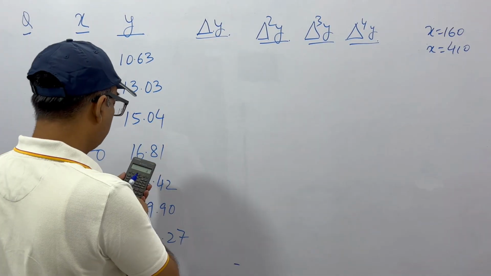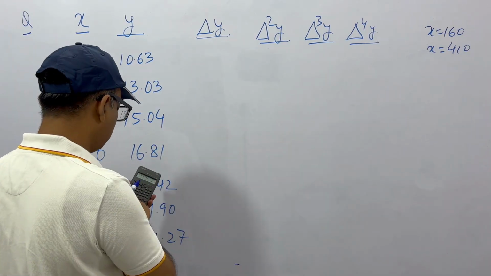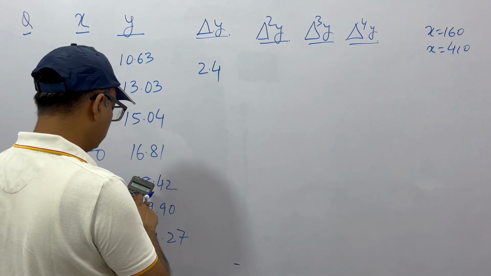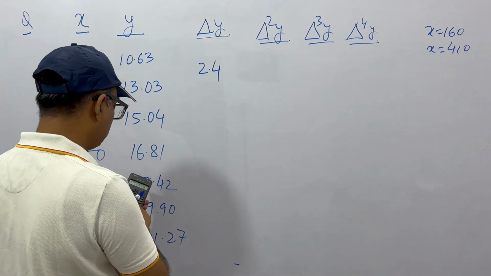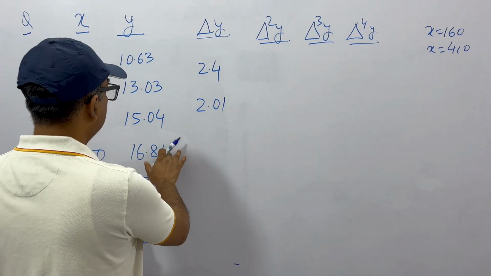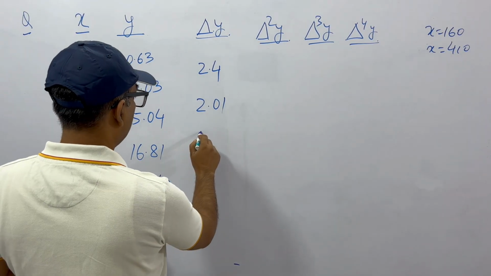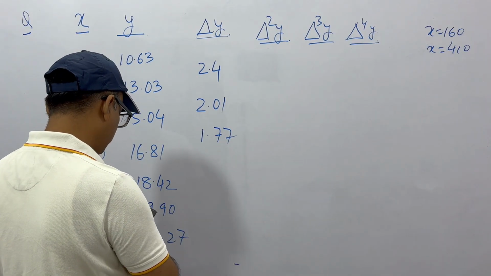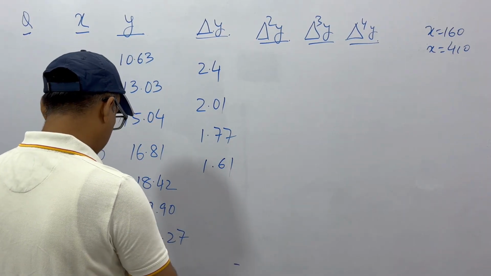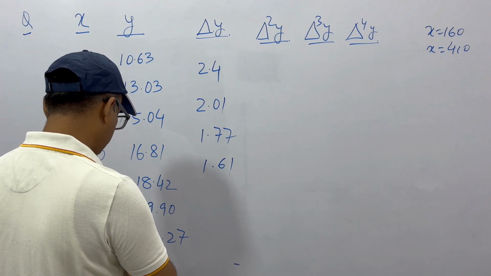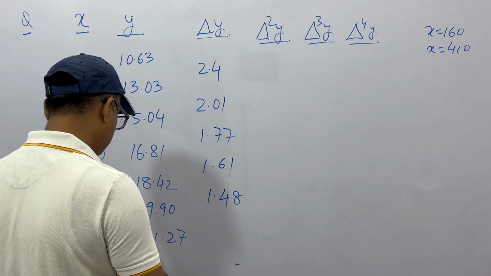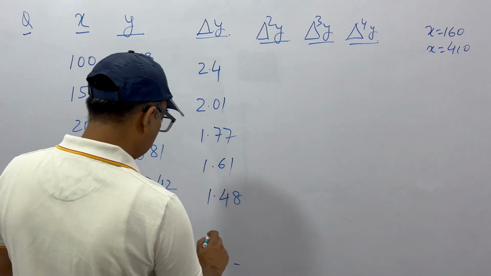This is 13.03 minus 10.63, so this is 2.4. 15.04 minus 13.03 is 2.01. 16.81 minus 15.04 is 1.77. 18.42 minus 16.81 comes to 1.61. 19.9 minus 18.42 comes to 1.48. And finally 21.27 minus 19.9 is 1.37.